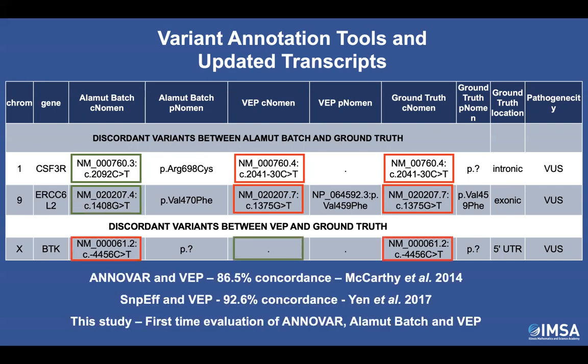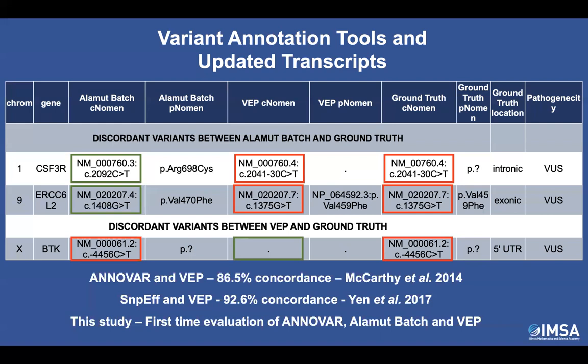So to my knowledge, this study is the first relative performance evaluation of Annovar, Alamut Batch, and VEP, although similar studies comparing other software packages have been reported. So in conclusion, without accurate genetic variant identification and annotation, clinical interpretation of variants of unknown significance will continue to be a challenge for clinical diagnostics.